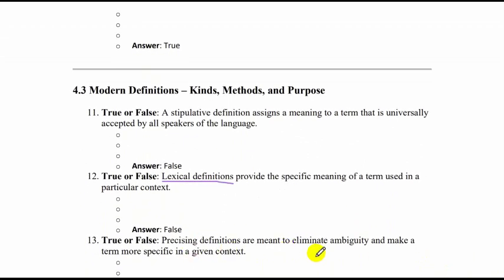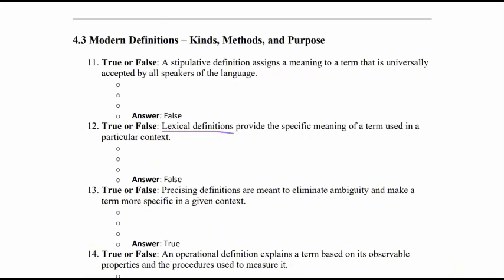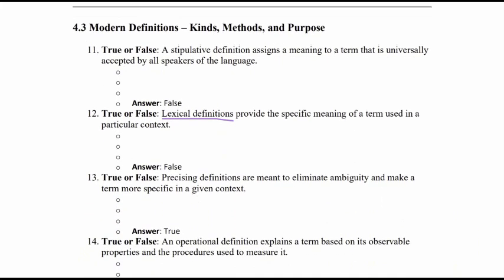Precising definitions are meant to eliminate ambiguity and make a term more specific. Yes, to make it more specific, we use precising definitions. An operational definition explains a term based on its observable properties and the procedures used to measure it. Yes, true.